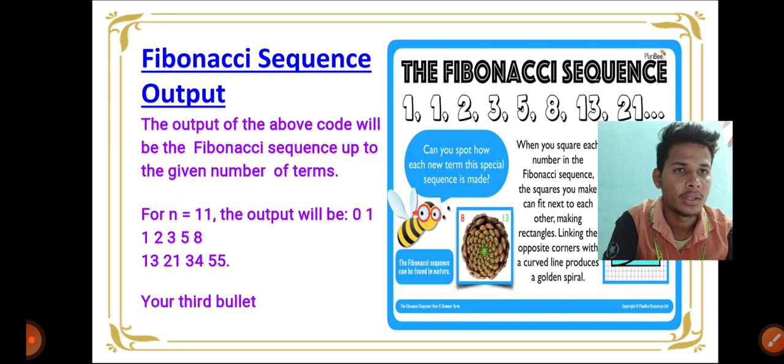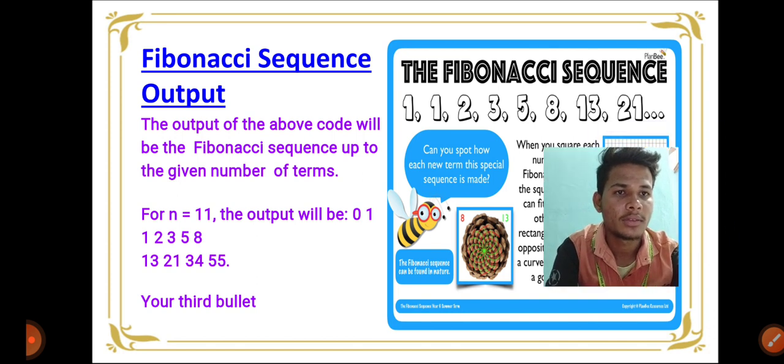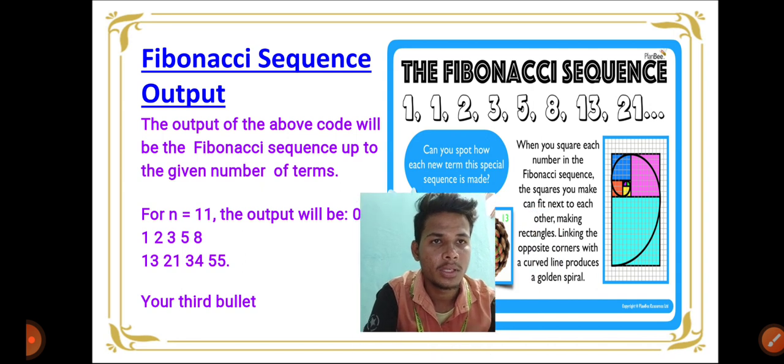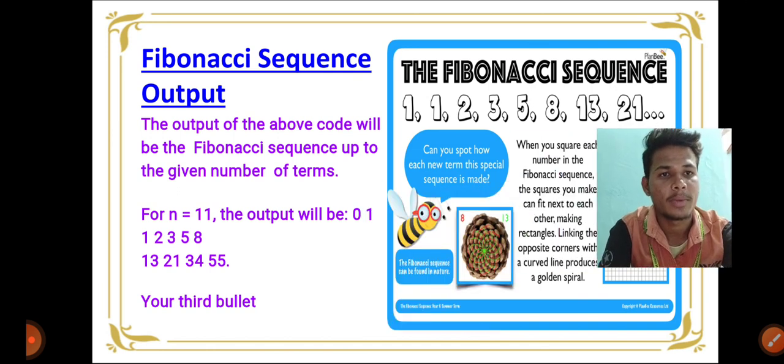The Fibonacci sequence examples: 1, 1, 2, 3, 5, 8, 13, 21. When you draw squares using each number in the Fibonacci sequence, the squares fit next to each other, making rectangles. Linking the opposite corners with a curved line produces a golden spiral.